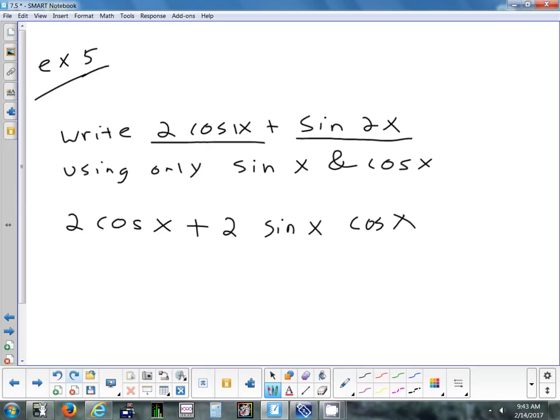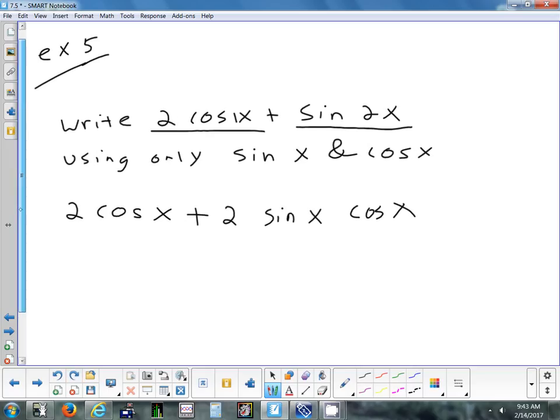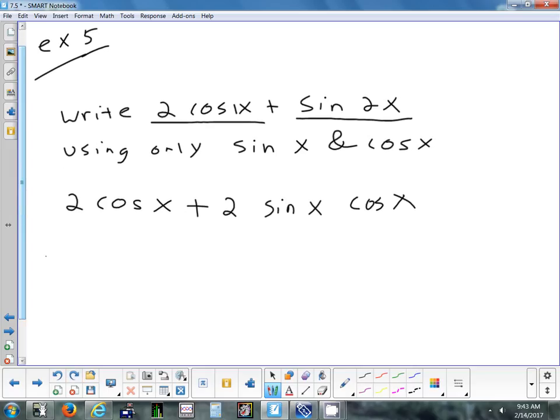Now, if they asked me to factor this, what do both terms have in common? A cosine x? Even more. A 2. So they could ask me to factor out anything that's in common. They didn't on this one, but just in case they do, I want to show you how that works. If you factor out a 2 cosine x from the first term, what are you left with inside here? A 1.